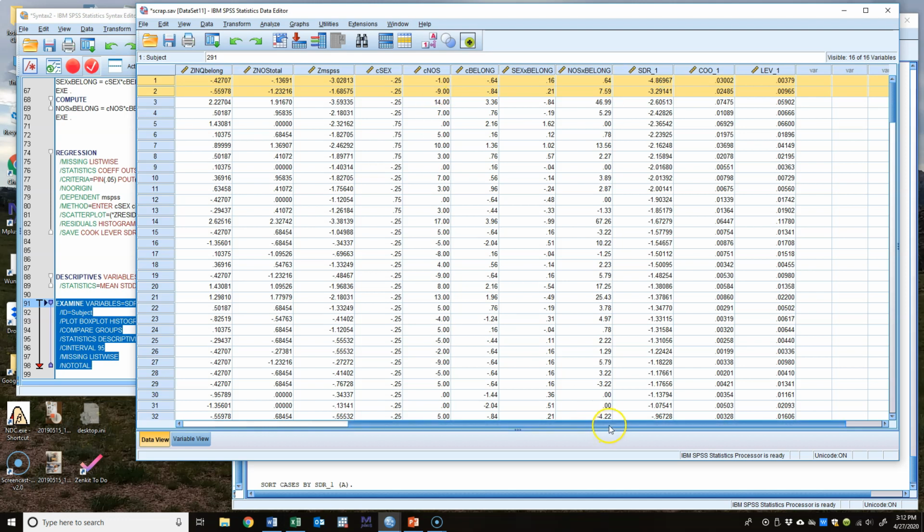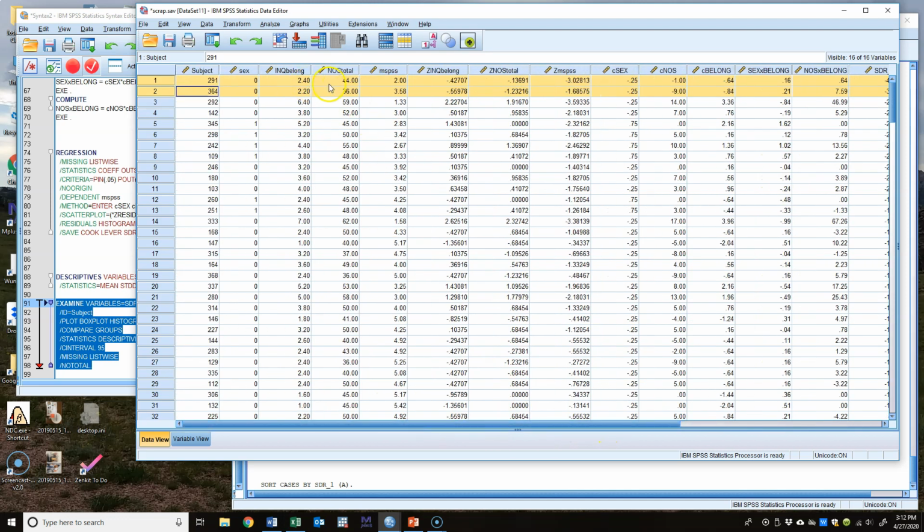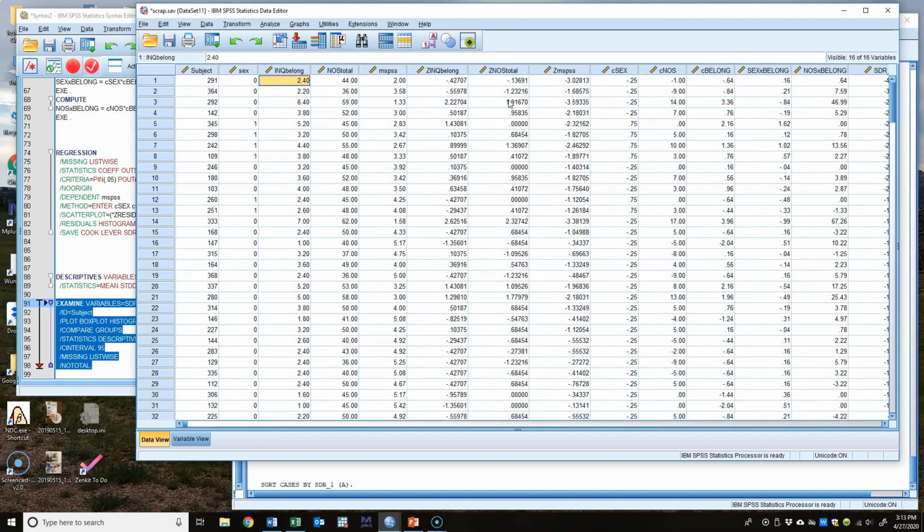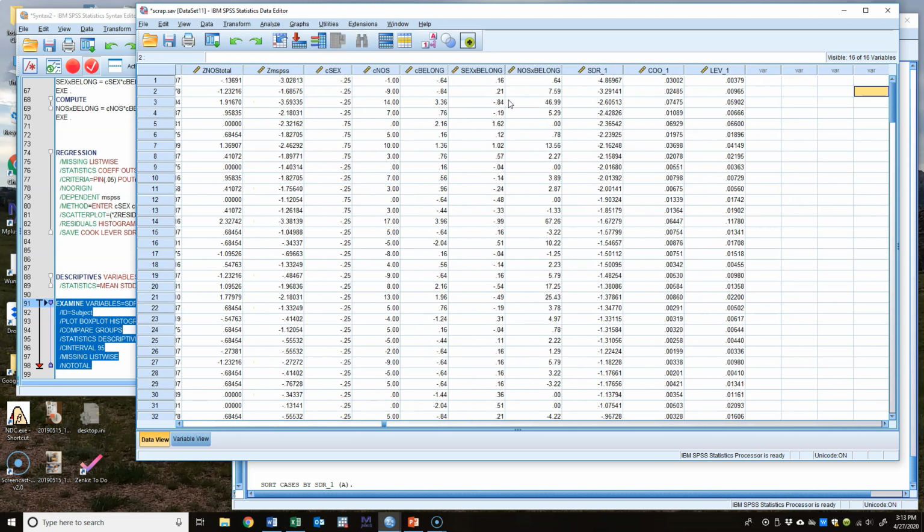The observed value for case 291 for MSPSS is 2. And so this negative residual says that whatever the predicted value was in the model is way overestimated relative to everything else. Okay. Same thing for 364, we've got a lower value, suggesting again that the model has overpredicted what we're actually seeing for that case.